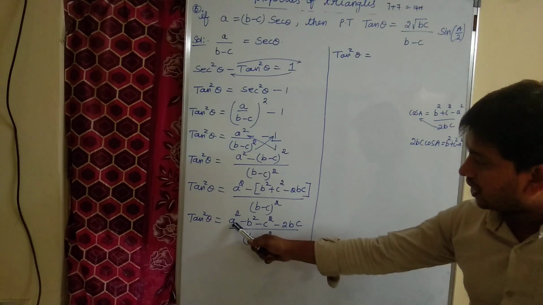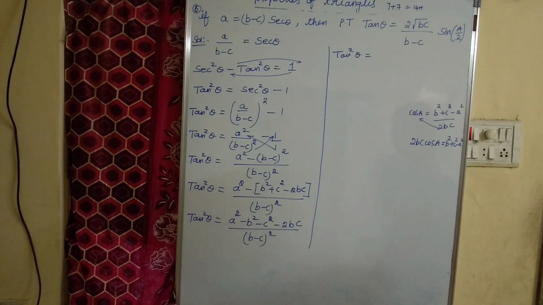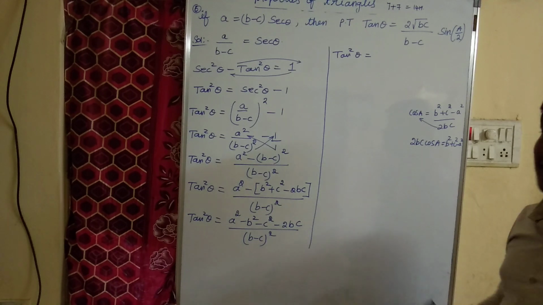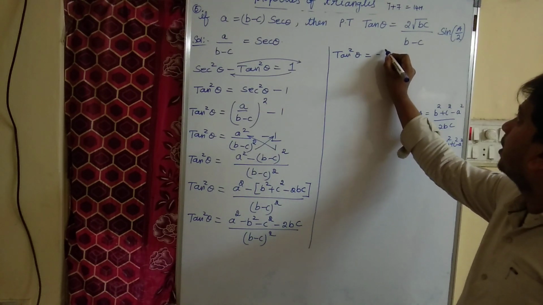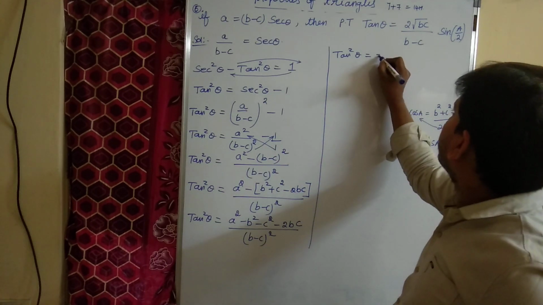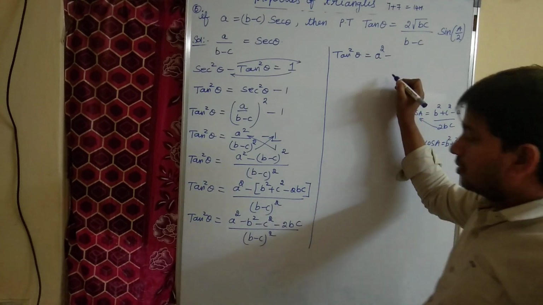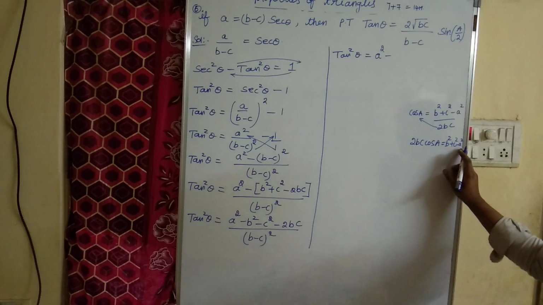But here we have a² − b² − c² + 2bc. What I will do is take minus as common, so it becomes −(b² + c² − a²).